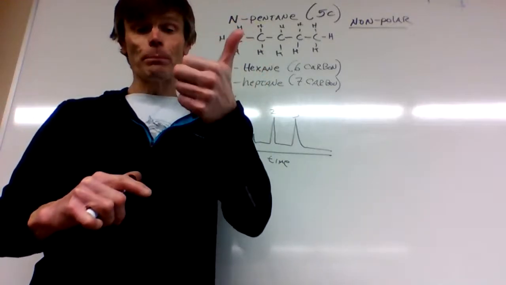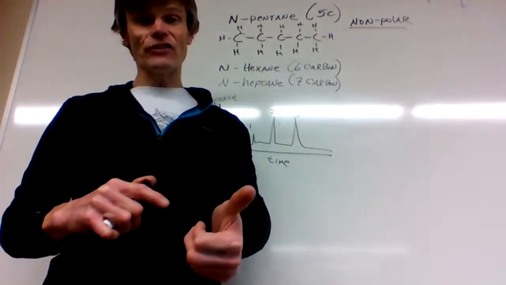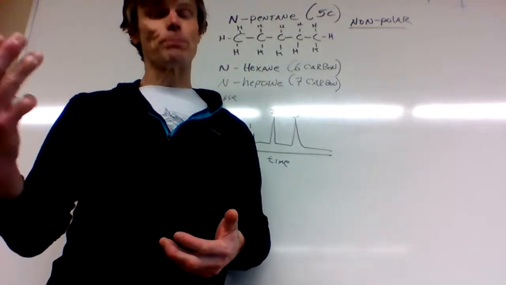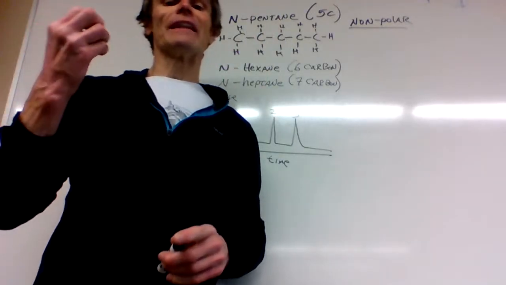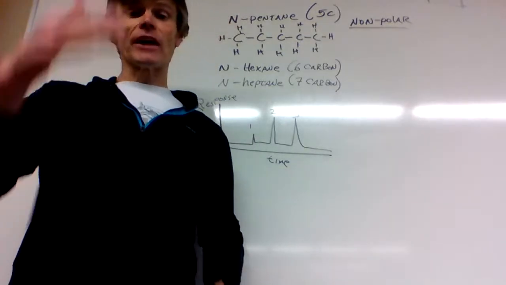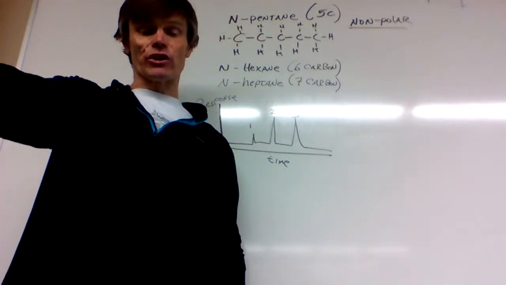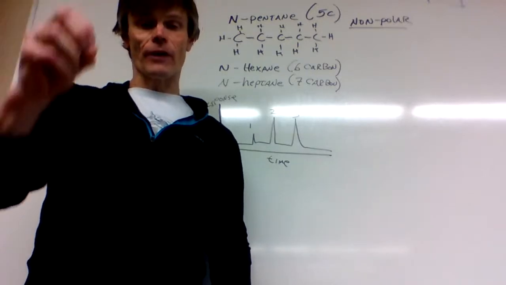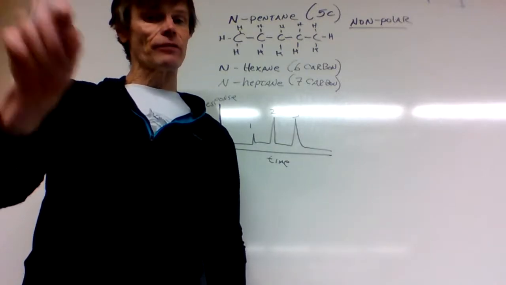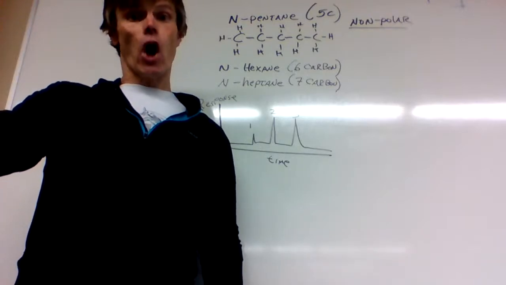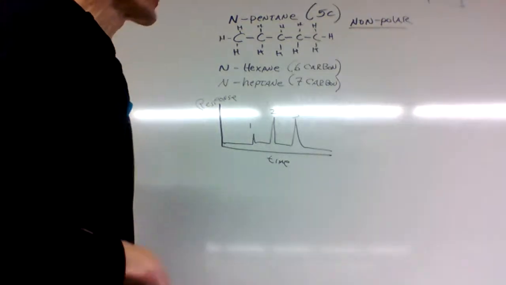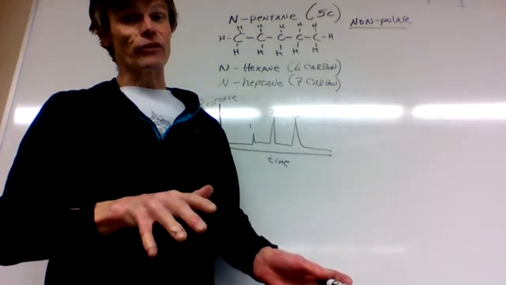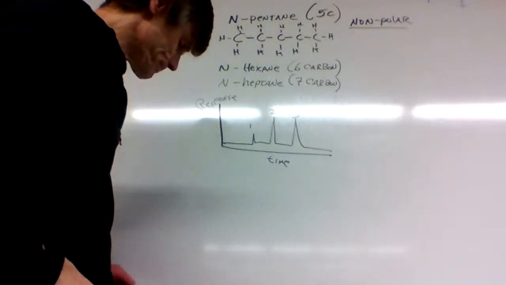The one with the lowest boiling point will come out the fastest. The one with the highest boiling point will come out last. And that's because as we increase our temperature, the one that has the lowest boiling point will be vaporized first. It goes into the gas phase first. It's going to come out of the column first. So, makes sense?